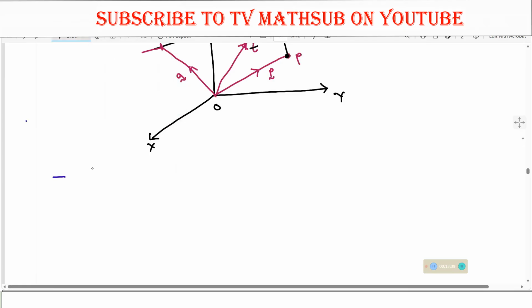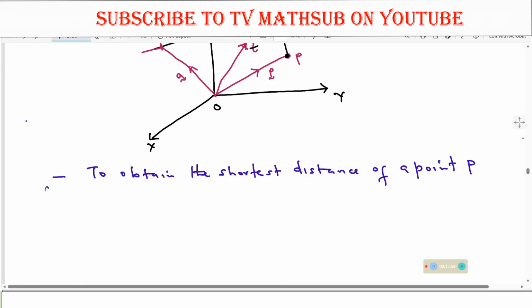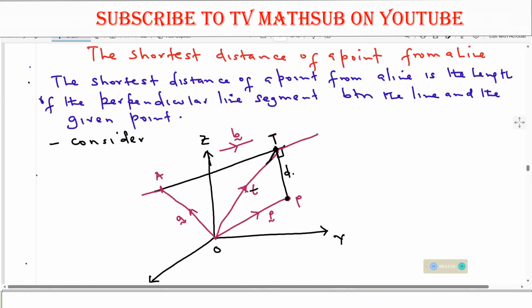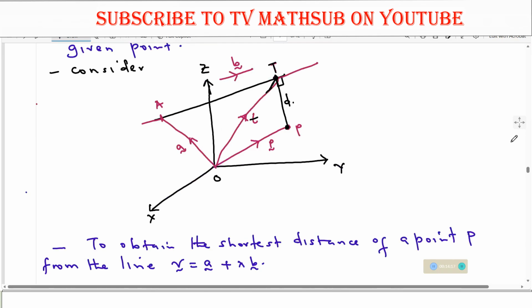The first one, so let us say to obtain the shortest distance of a point P from the line. Let's say this line is of the form A plus lambda vector B. We are taking the line to be of this form, that is the vector form of this line.